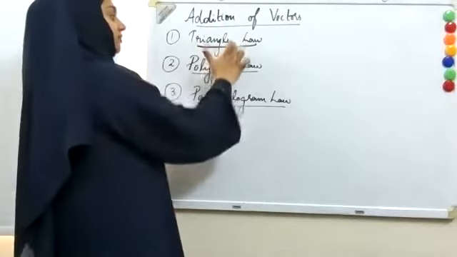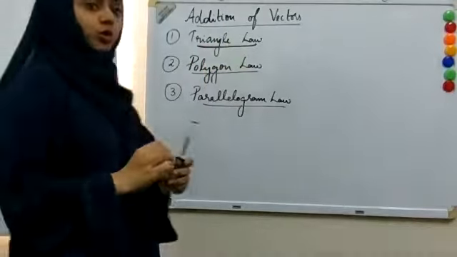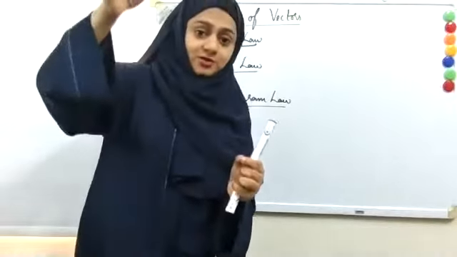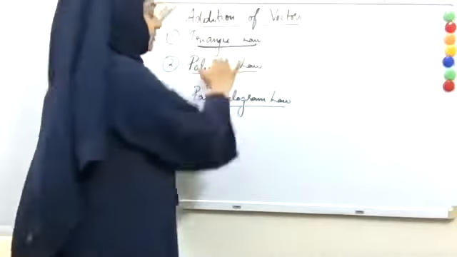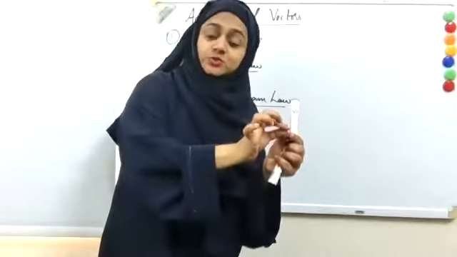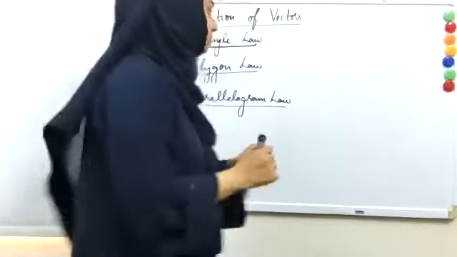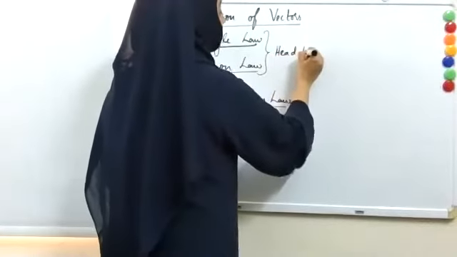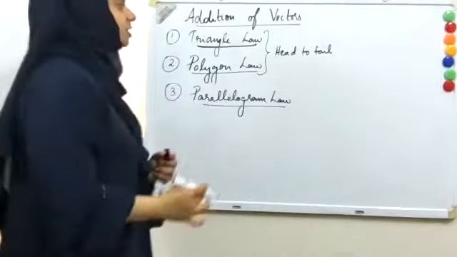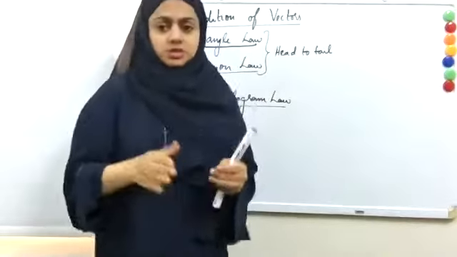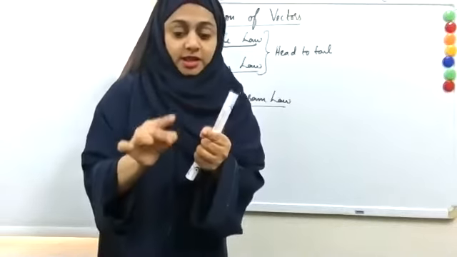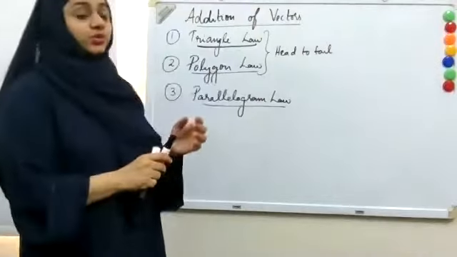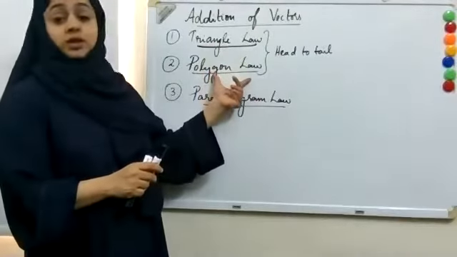Now, in both of these laws, triangle law and polygon law, we connected the tail of one vector with the head of another vector. And finally, we took from the tail of the first vector to the head of the last vector. So, these two laws are called head to tail. Whenever you come across a situation where the head of a vector and the tail of a vector are touching each other, you have to use either the triangle law or the polygon law.